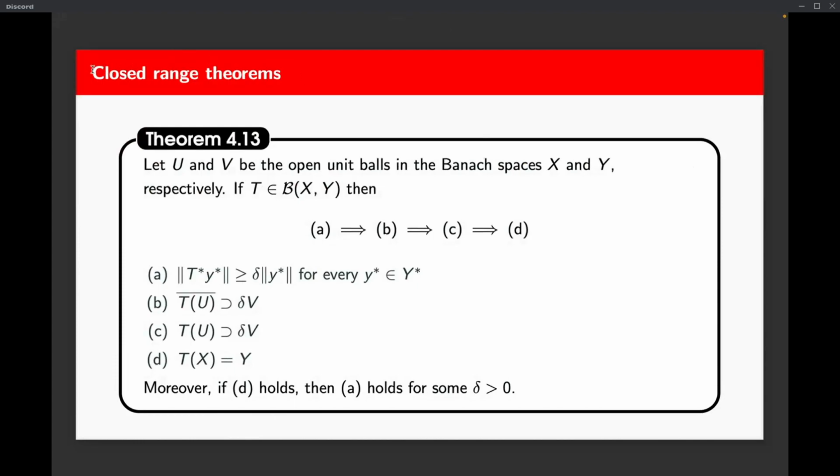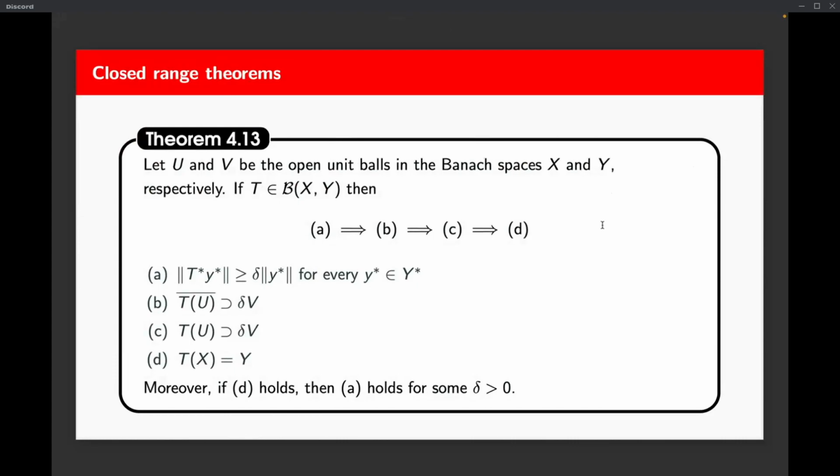So in the red title bar here, I've called this the closed range theorem. As Rudin points out, this theorem and the next couple are often loosely grouped together and called the collection of closed range theorems. The next one will make it clearer why that name applies.